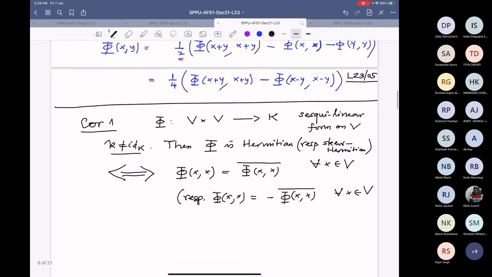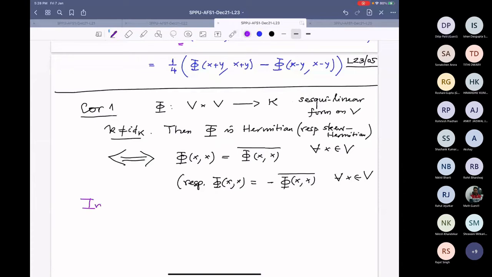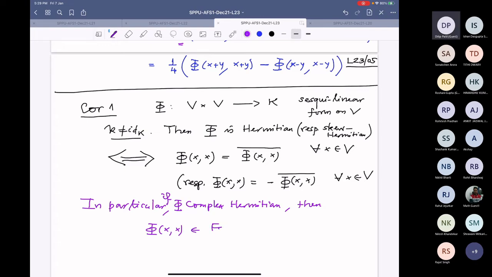In particular, what is the advantage? Another one. In particular, if your form is complex Hermitian, then all these diagonal values are in the fixed field, which we have denoted k per n.